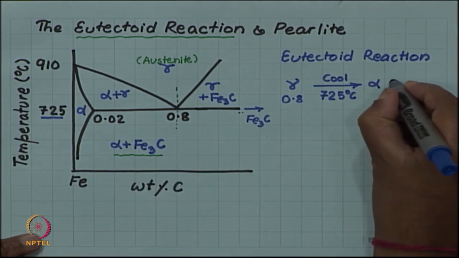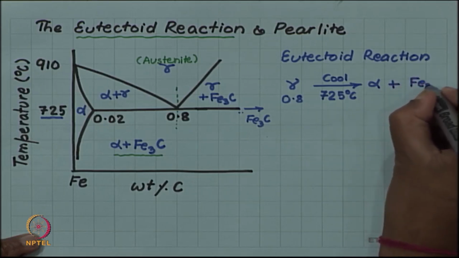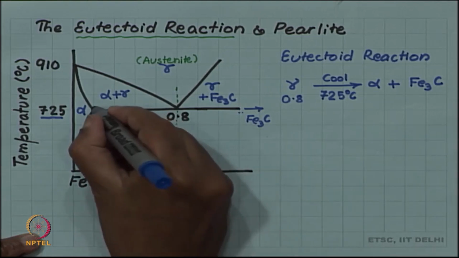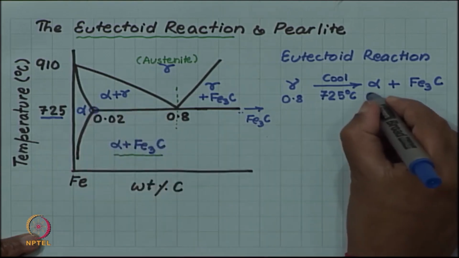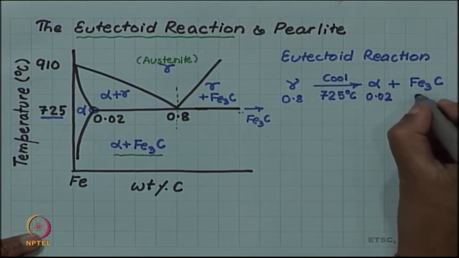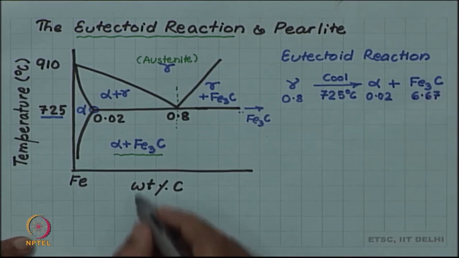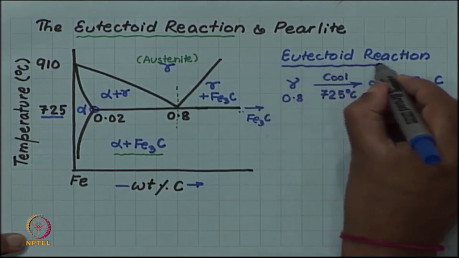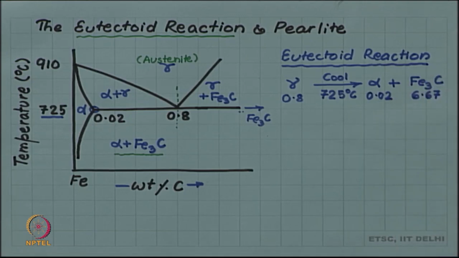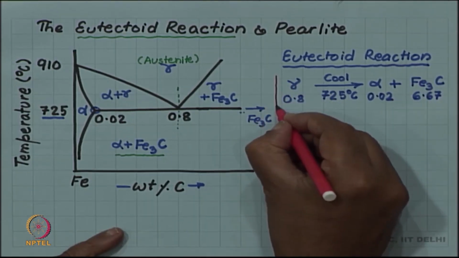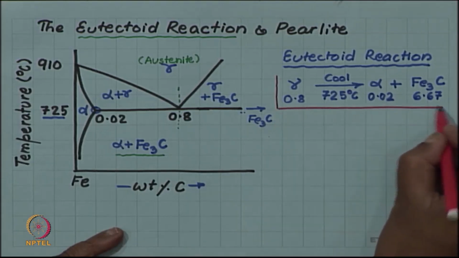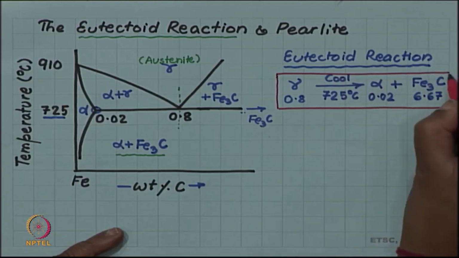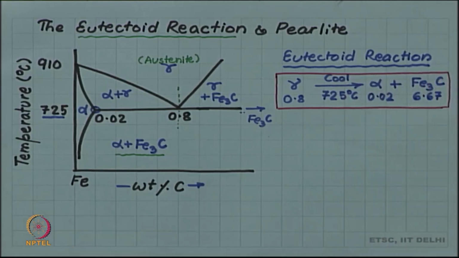One is alpha, the ferrite, and another is Fe3C, the cementite. The alpha composition is given by this point here, that is 0.02, and Fe3C is a compound and its composition is 6.67. All compositions are in weight% carbon, which is what we are using as the unit of composition. So, this is the eutectoid reaction, and we said that this is the most important invariant reaction in the iron carbon system. Out of the three reactions present in that diagram, this is the most important one.